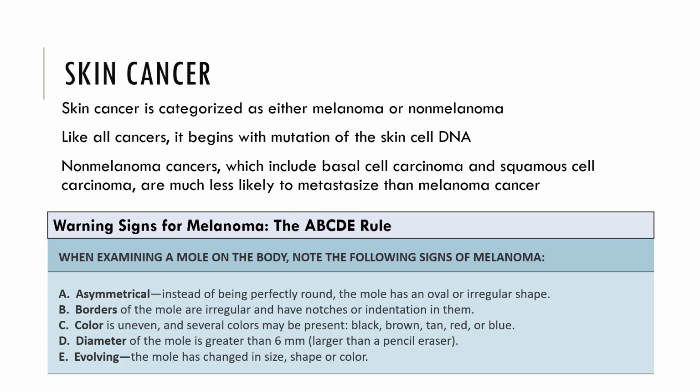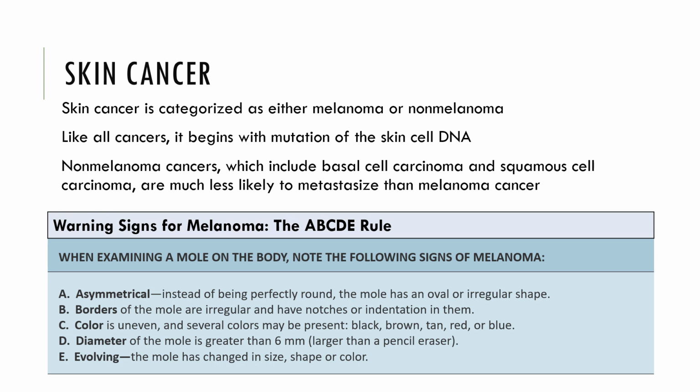C, we look at the color. Is the color uneven? Several colors may be present. We may have black, brown, tan, red, or blue. D, we look at the diameter of the mole. Is it greater than 6 millimeters?